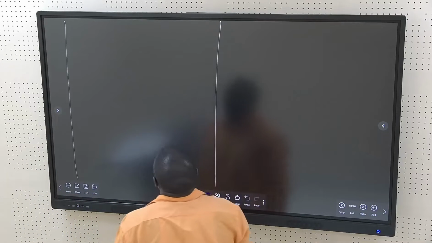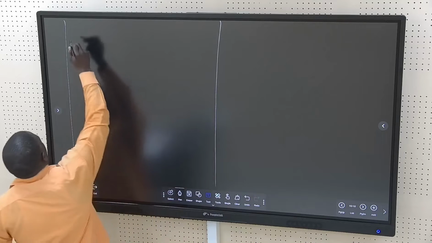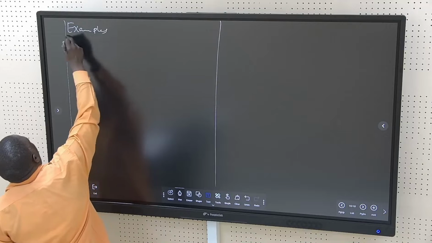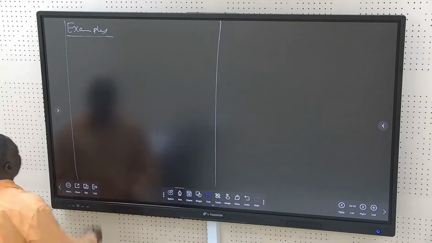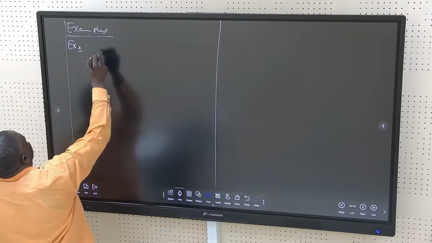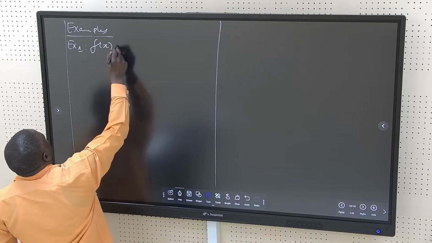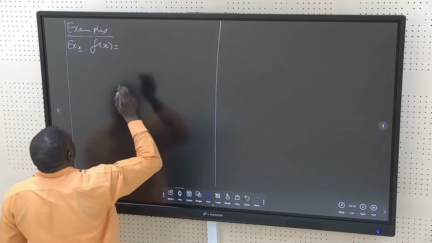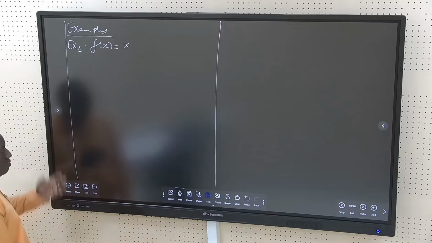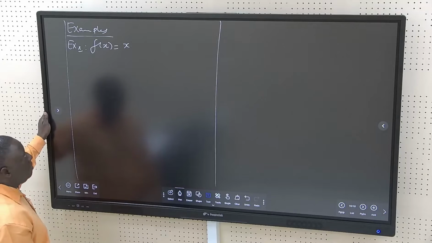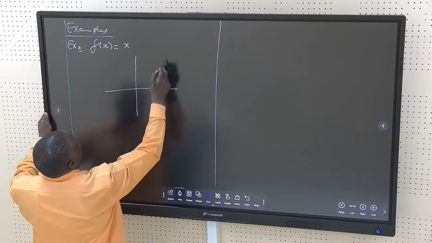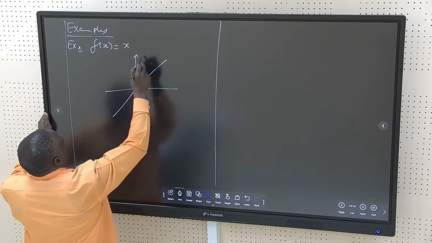Examples of functions. Example 1: f of x equals x. Is this even or odd? We'll see. f of x is x. Sketching this one, we have this curve.